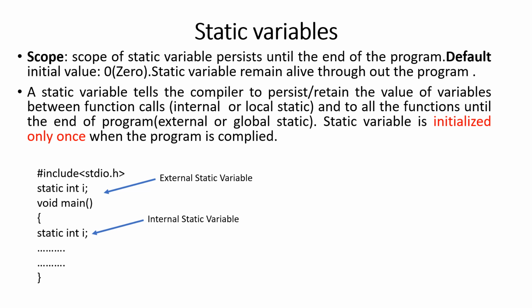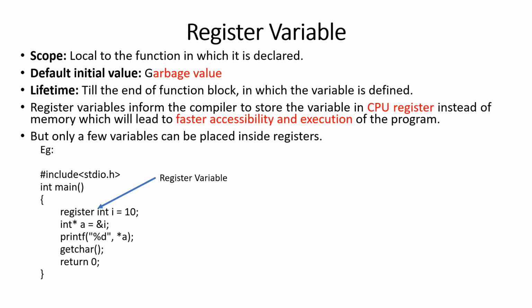Thereafter it will retain the value assigned in the previous call. Here I have given an example for both external static and internal static variable. Both are using the same variable name called I.